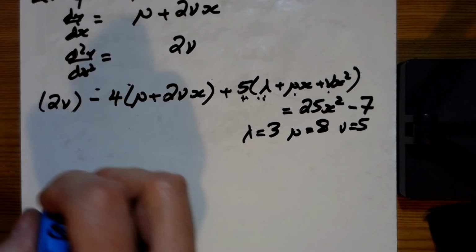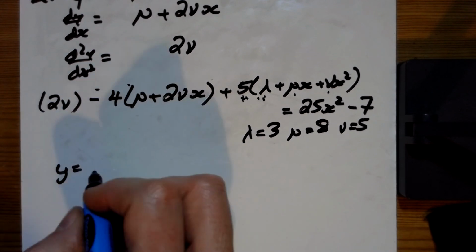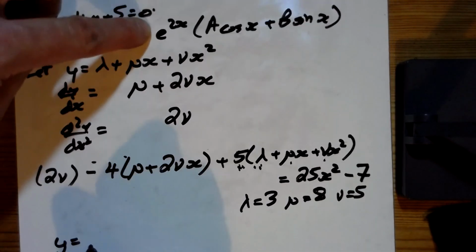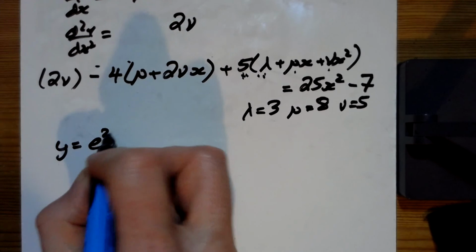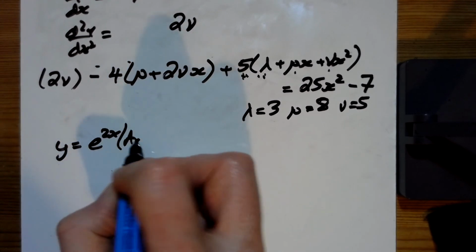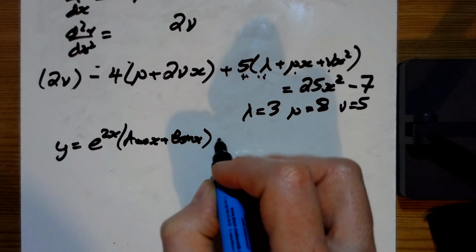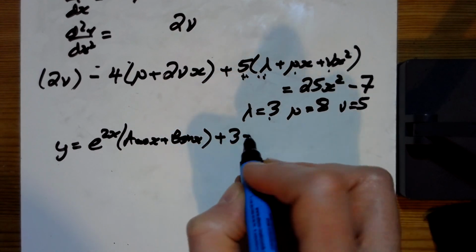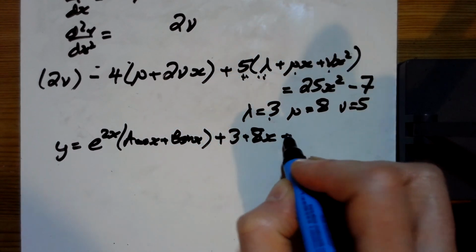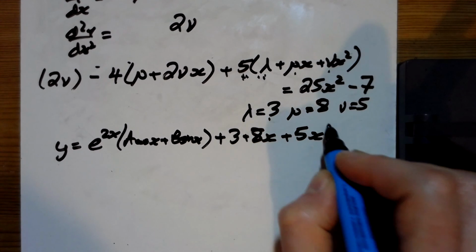And it tells us that our answer is all of that from up there, which was e to the 2x, lots of a cos x plus b sin x. Then it's plus 3 plus 8x plus 5x squared.